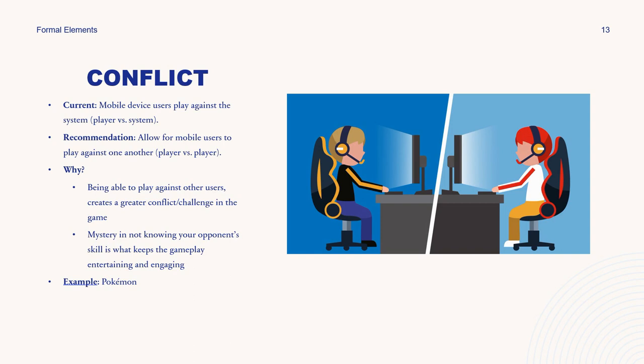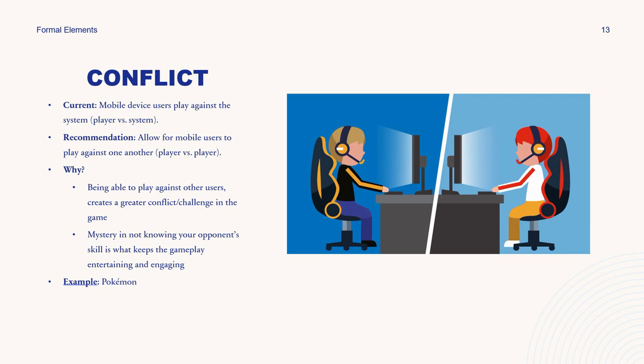Why? The reason I believe this should be an improvement is because it creates greater conflicts and challenges. So it's not only the challenge within the game and fighting off those difficult zombies, but being able to play against another player, not knowing what their level of skill is. It's entertaining, and it's really engaging for the learner, the user.